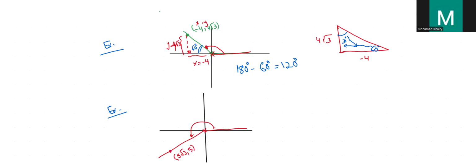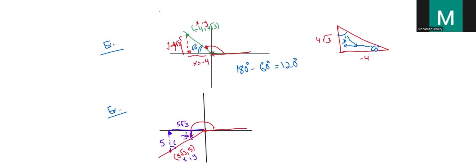The vertical distance represents y. Excellent. So this is x here and this is y. What is y here? It's 5. What is x here? It's 5 radical 3. Clear? The angle that faces x is what? Excellent, 30. And the angle that faces 5 radical 3 is 60.